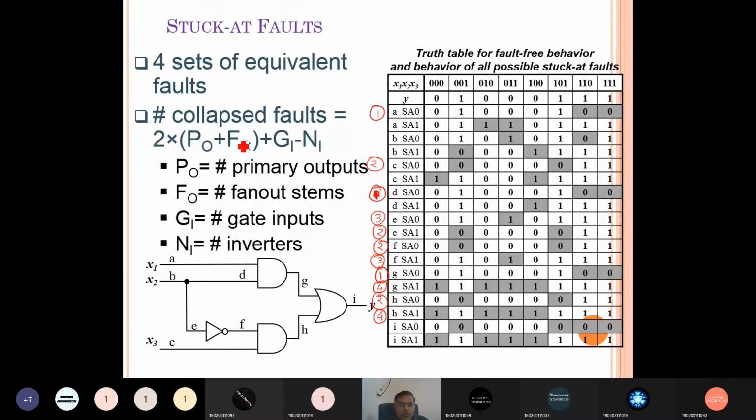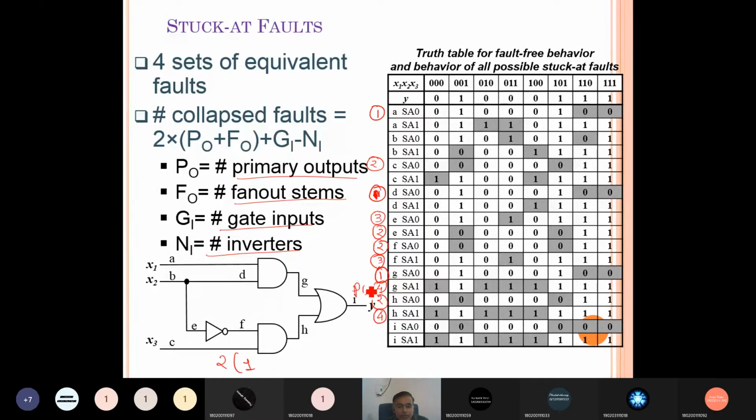It is 2 into (P0 plus F0 plus Gi minus Ni), where P0 is the primary output, F0 is the fan-out stem, Gi is the gate inputs, and Ni is the number of inverters in the design. So if we substitute in this, the primary output is 1.